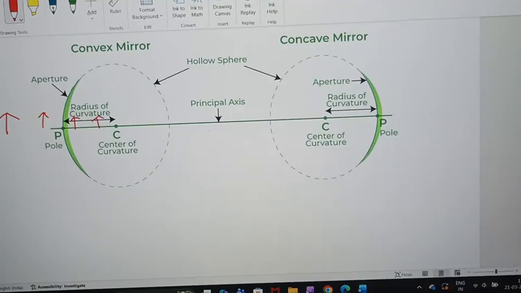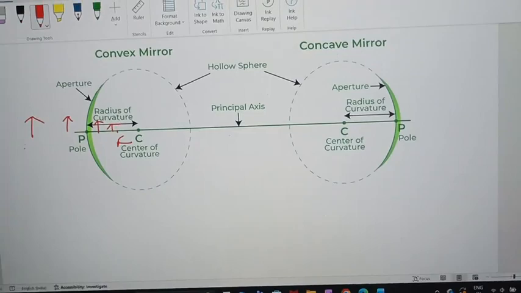One will be towards infinity, then it will form at focus, but generally here we are not considering it at infinity. Let us say somewhere F is over here. Anywhere if it is not towards infinity, the image will always form between pole and focus, and they will be virtual and erect.